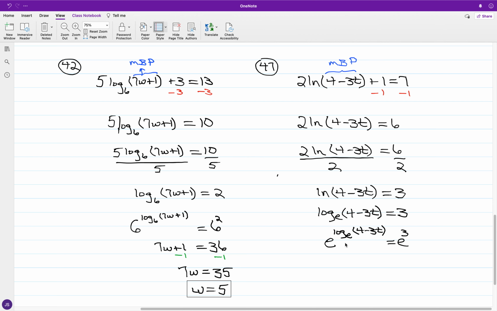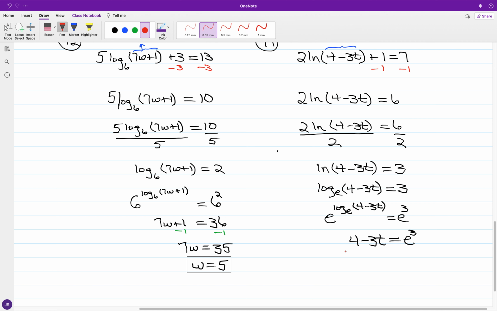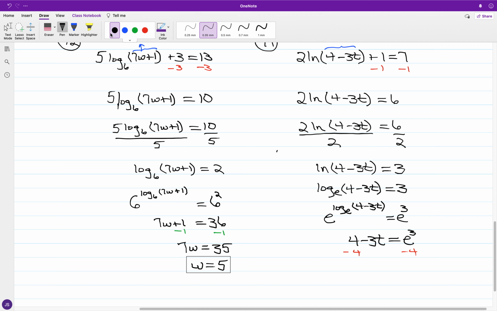So for what I have on the left-hand side, this will go to 4 minus 3t, that is equal to e to the third. And taking 4 away from both sides, I have negative 3t is equal to e to the third minus 4.